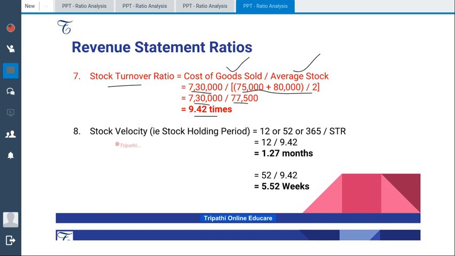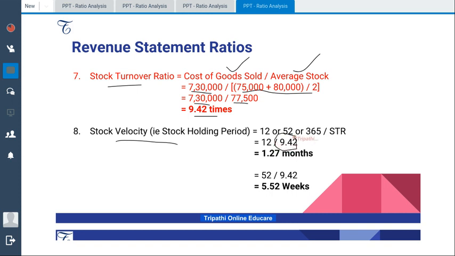Next is stock velocity, that is stock holding period. We can calculate in months or in weeks or in days also. Here the formula for stock velocity or stock holding period is 12 upon STR if you want to calculate in months. So we have taken 12 upon 9.42. What is 9.42?